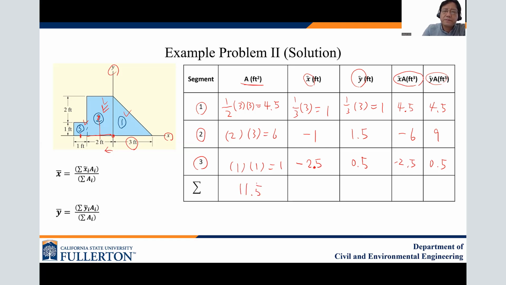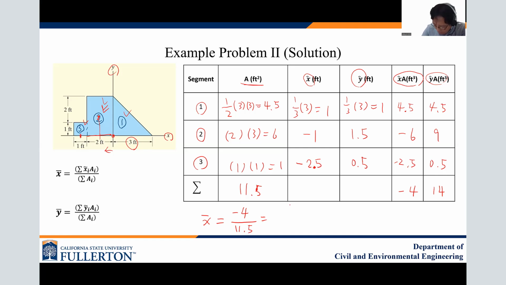And then we need this summation also. That is -4, right? And then that one is 14. So now, based on this, the X bar value is -4 divided by 11.5.